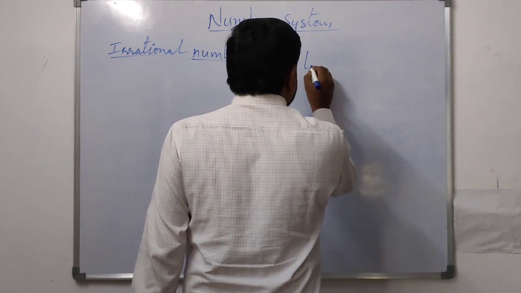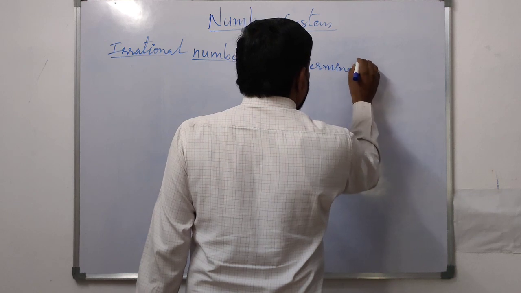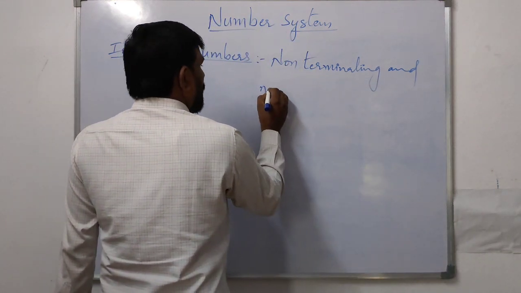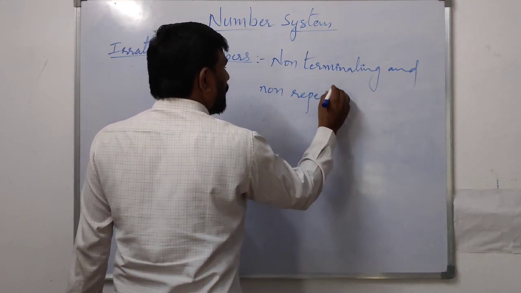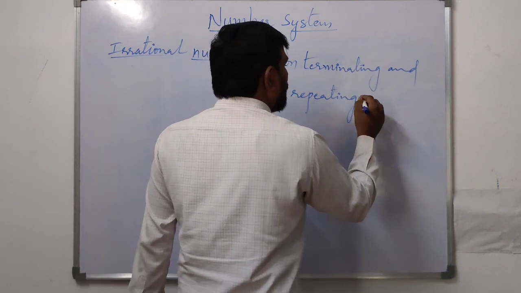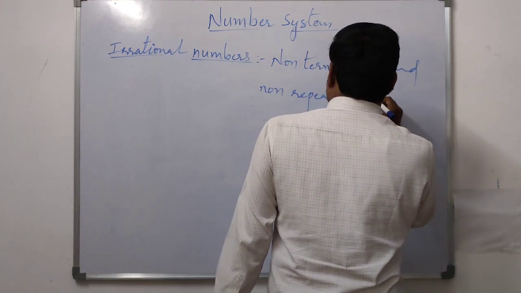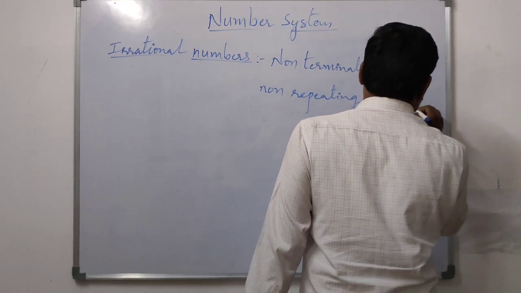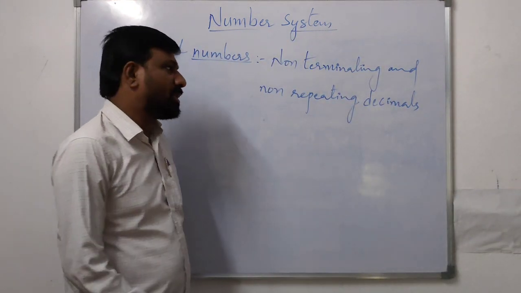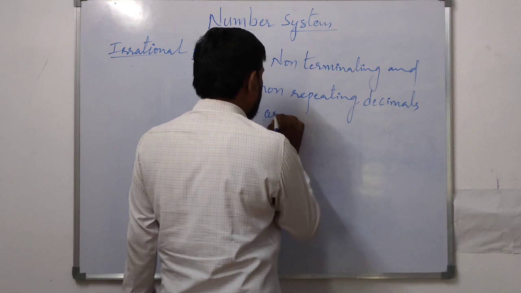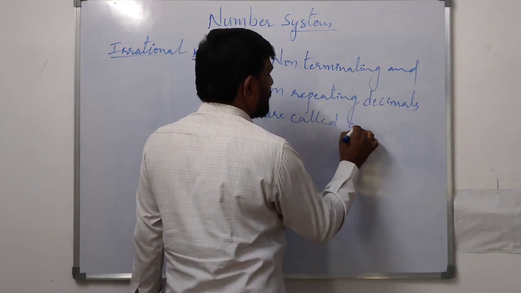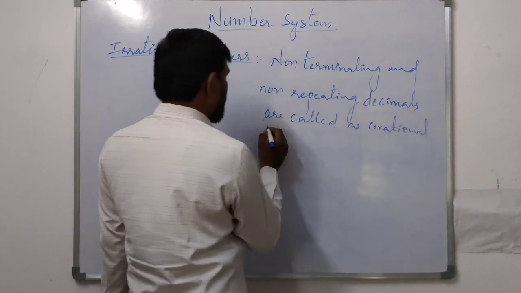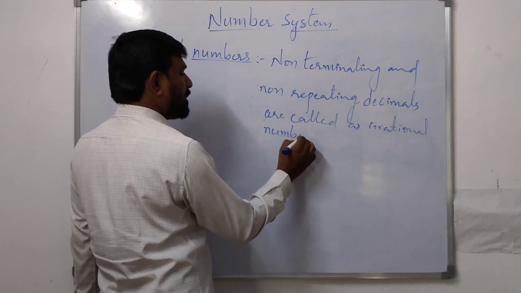Non-terminating and non-repeating decimals are called irrational numbers.